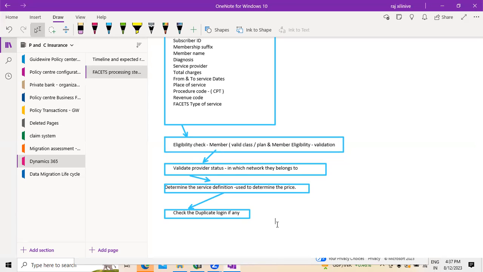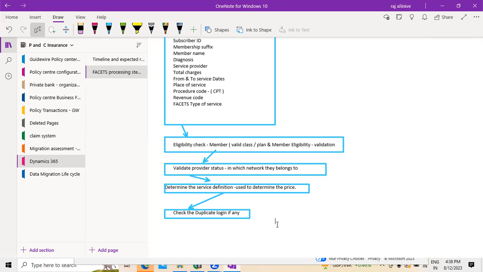At the same time, we have to see if there are any duplications. So that also we have to see. This is where checking the duplicate login, if any, is included. This is something important, something we have to focus on more, right?